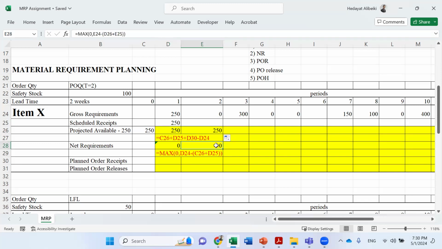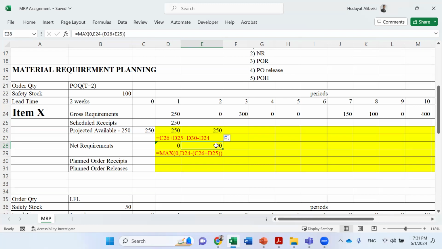What is the net requirement going to be for period 3? What do you think it's going to be? I have the gross requirement of 300. I have 250 in stock at the beginning.